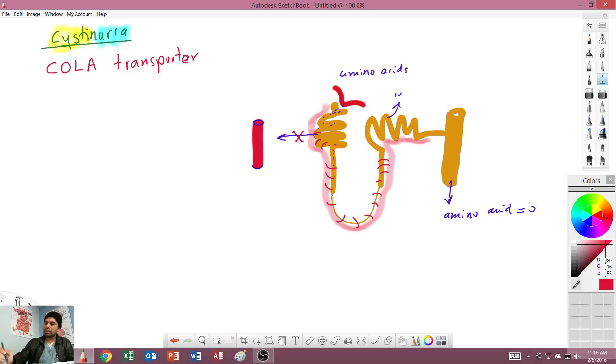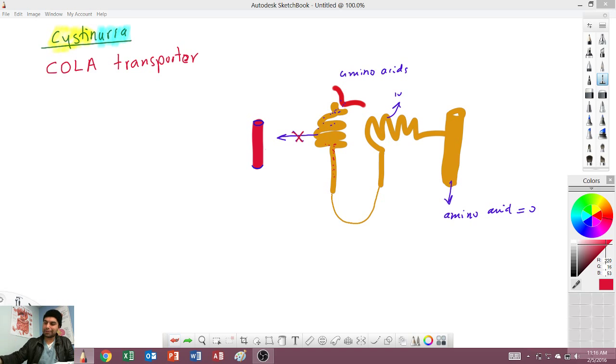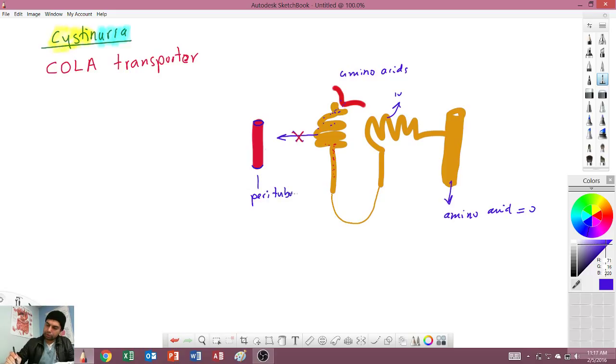This is the peritubular capillary. I can keep it, right? I wouldn't bother you. Would it bother you if I keep it? No? I did it already. So this one is the peritubular capillary.